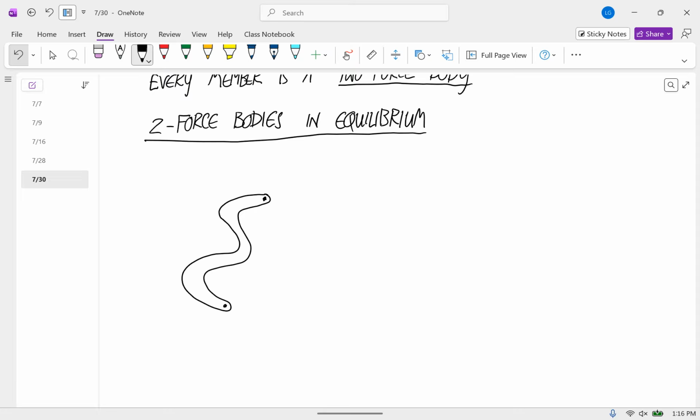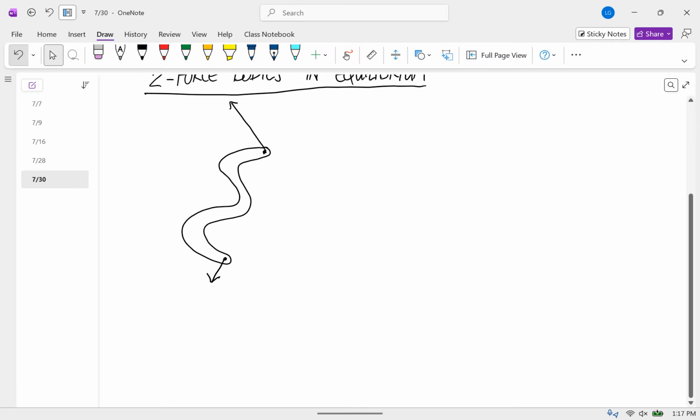Okay, so we know this is a two-force body. Let's first think about what would happen if these two forces were just random direction and magnitude. Well, in that case, if you added those two force vectors up using vector addition, you would get a vector that is non-zero. That would produce an acceleration of this body.